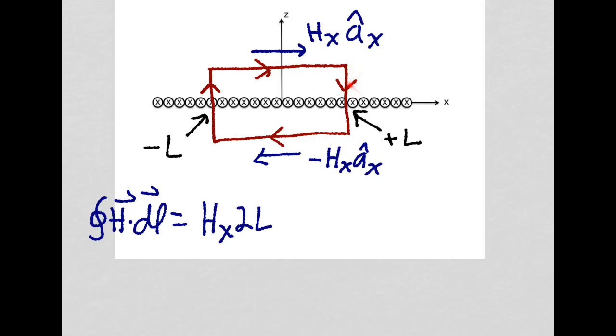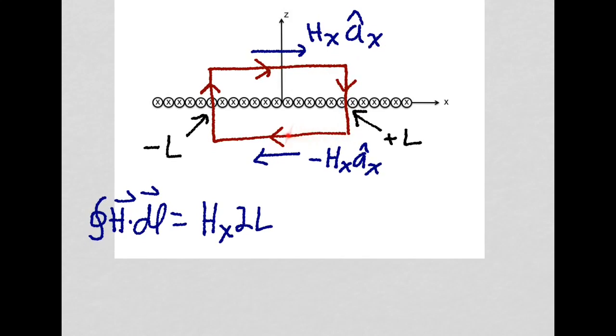As we integrate along this side, H is in the A sub x direction, but dl is in the A sub z direction, so that dot product is 0, and the integral is 0.